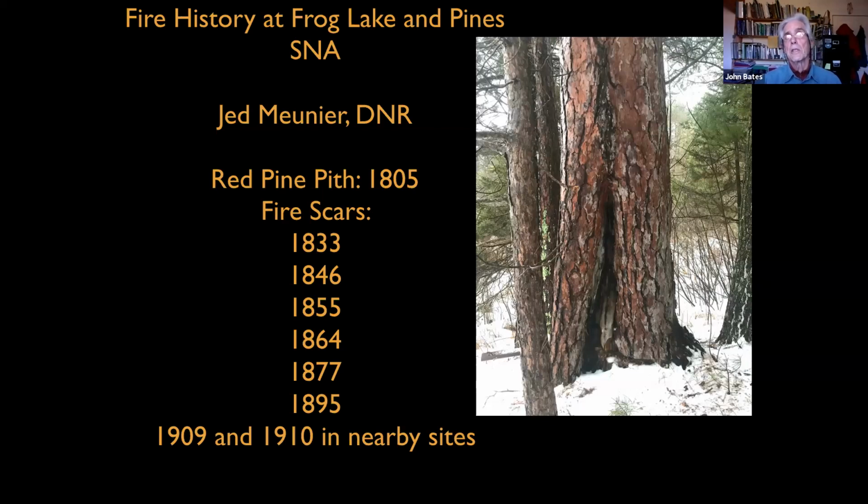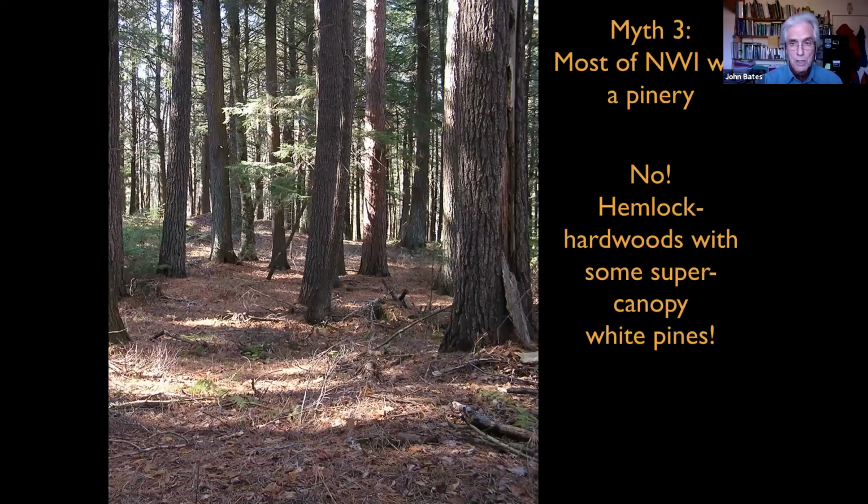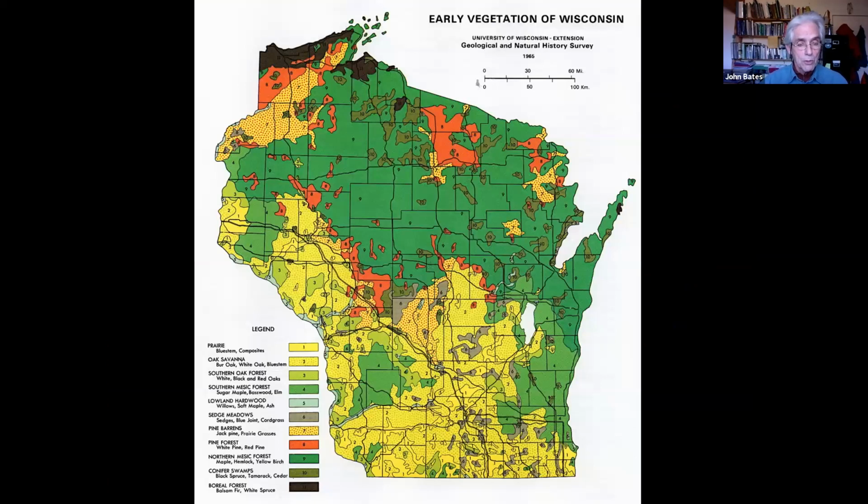And the third myth is that all of northern Wisconsin was a pinery. Not at all the case. Most of northern Wisconsin was a hemlock hardwoods or a hardwood hemlocks, however you wish to say it, with some super canopy white pines. A map of the early vegetation of Wisconsin shows in that darker green what is referred to as northern mesic forest, the major components being sugar maple, eastern hemlock, yellow birch, and American basswood, with some super canopy component of white pine.